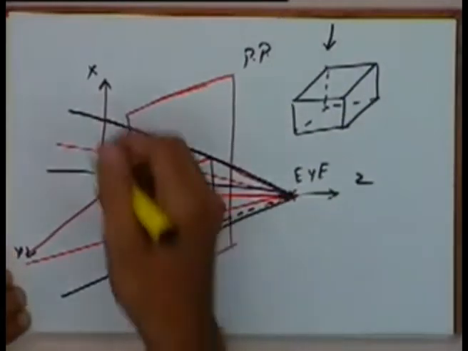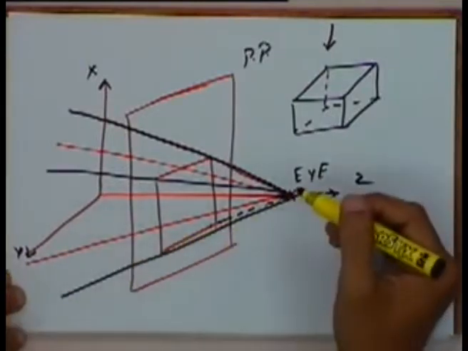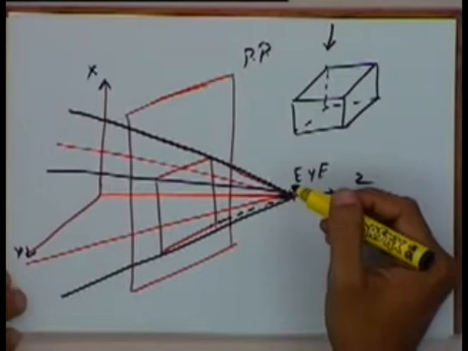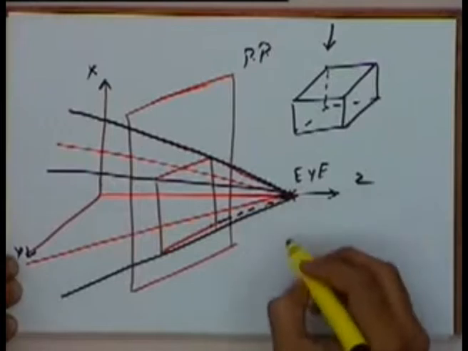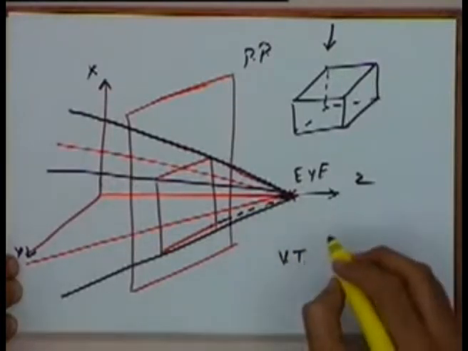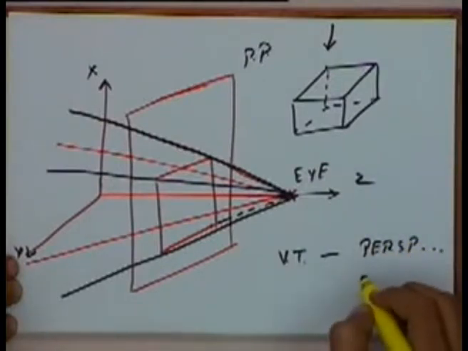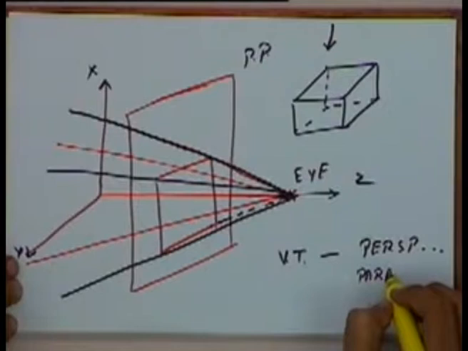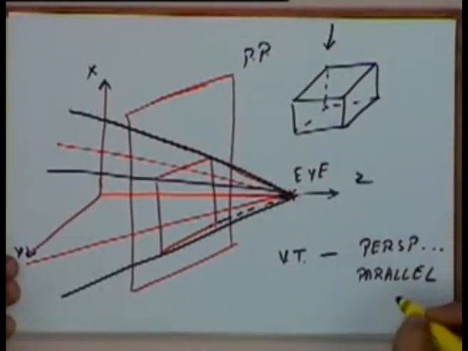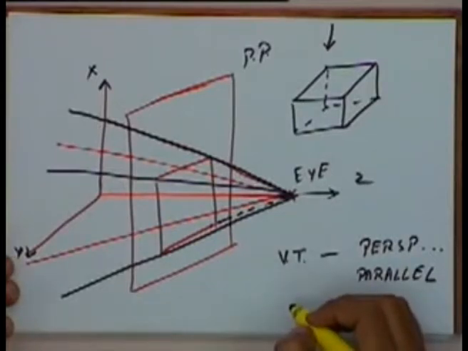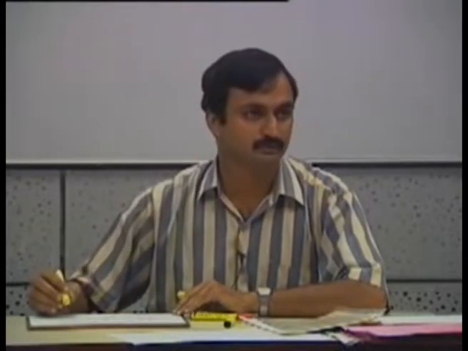So if I have my world coordinate system, whenever I am trying to remove hidden surfaces or hidden lines, I have to specify my viewing transformation. The viewing transformation we have already seen can either correspond to a perspective view or a parallel view. Whichever view we take, the viewing transformation has to be specified. Once this viewing transformation is known, then we will talk about hidden surface removal.